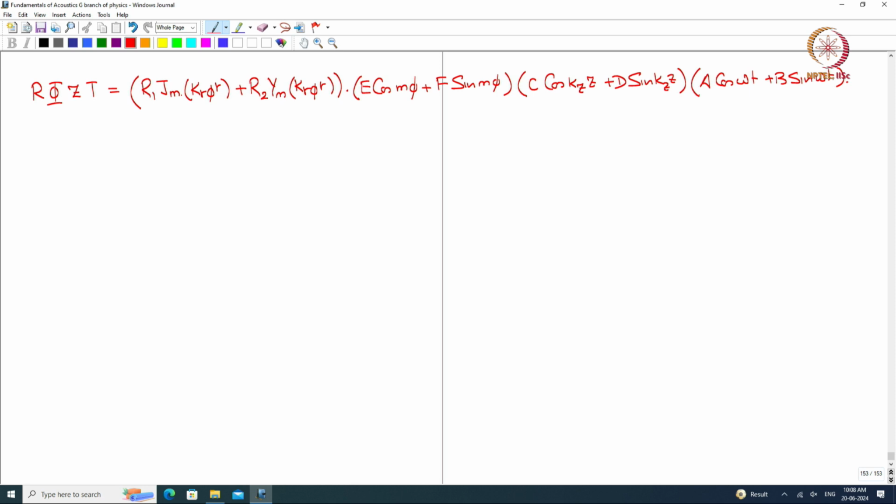Okay. Now we have a rigid walled cylinder, that's what we are looking at. Okay, a cylinder of finite length where the walls are rigid.